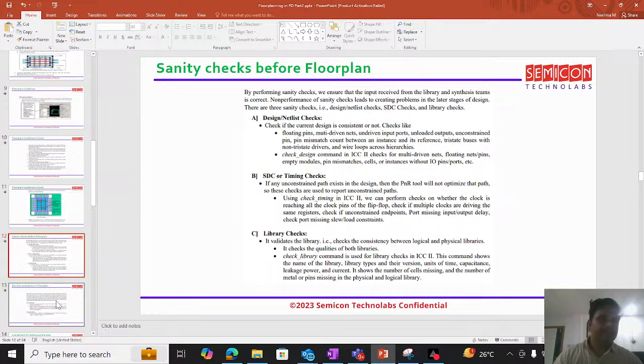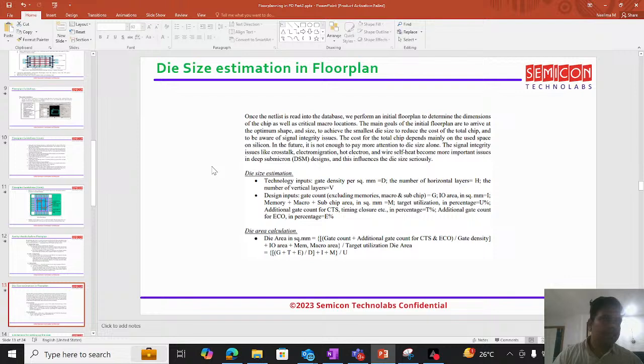Now let's move to the die size estimation. Just a quick recap. Before we go to the die area calculation, we need to make sure that we have the die size estimation done, and all the metrics we are using here, for example G, T, E, D, I, M, U, all the different metrics we have discussed previously.